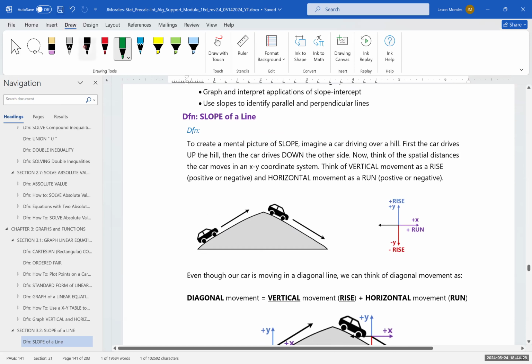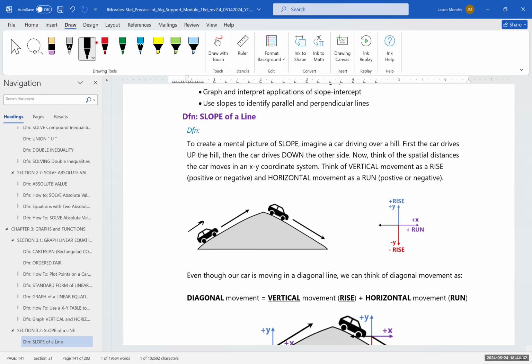So what is the slope of a line? To create a mental picture of slope, imagine a car driving over a hill. First, the car drives up the hill, which would be this part. Then the car drives down the other side. Now think of the spatial distances the car moves in an XY coordinate system.